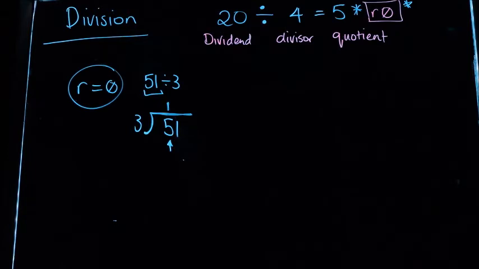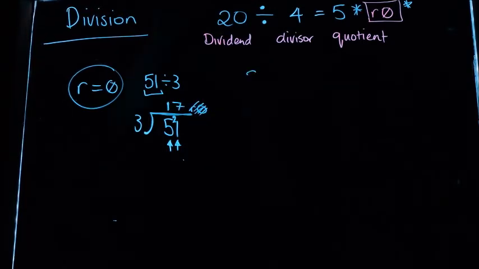So we shift that, and we've got to write a little 2 in here. We shift that into the ones column, and we think about this now as 21. How many 3s? And I think from a previous question we did 7 times 3 is 21. So that's 17, remainder 0. We don't need to write that part, but you can if you like.